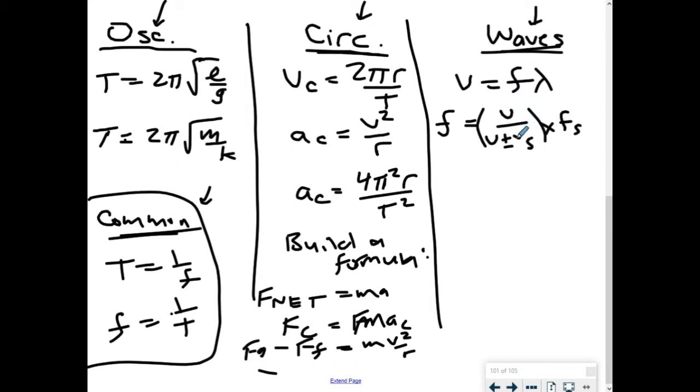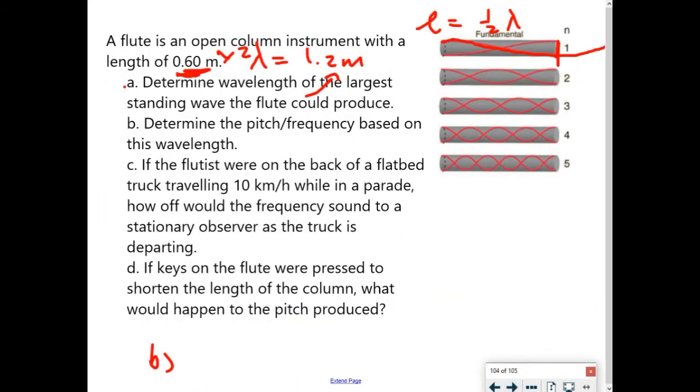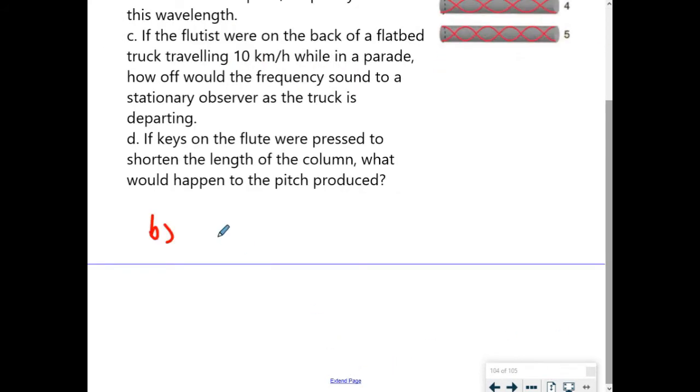If I want to ask you what frequency a flute can play, this top formula would work pretty well. Velocity is frequency times wavelength. I want to know the frequency, which is the pitch that the instrument can play. So I'm going to take velocity divided by wavelength. What speed is the wave traveling?